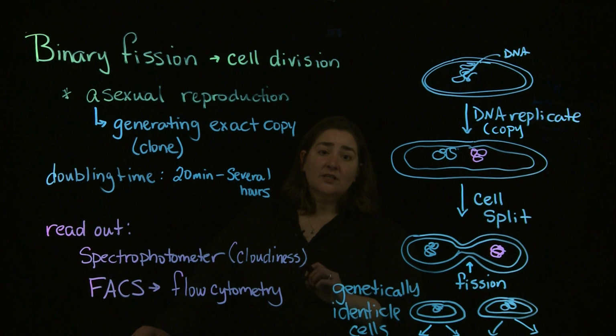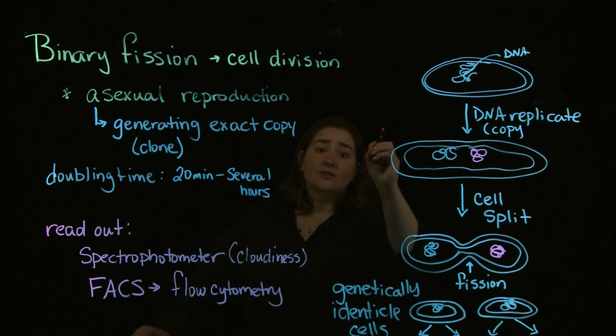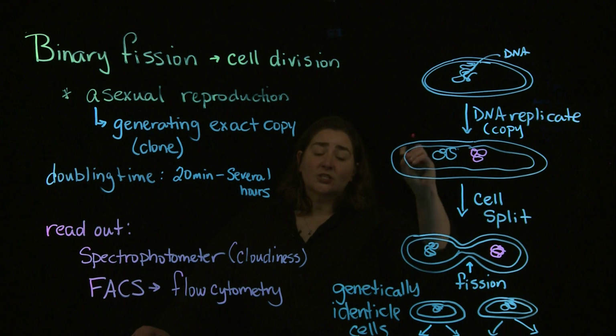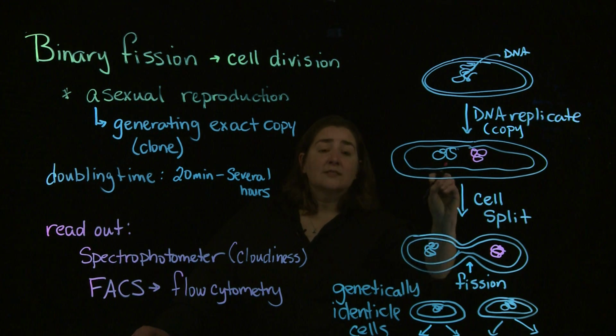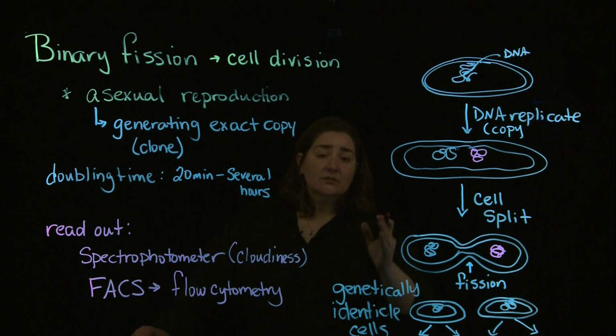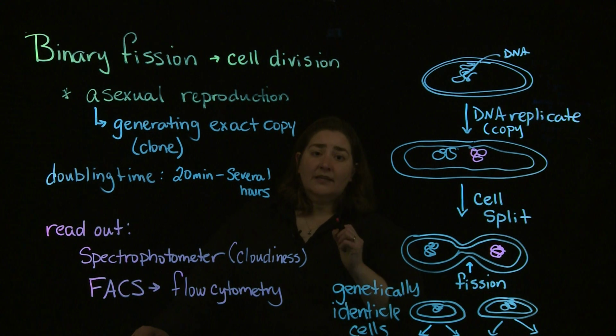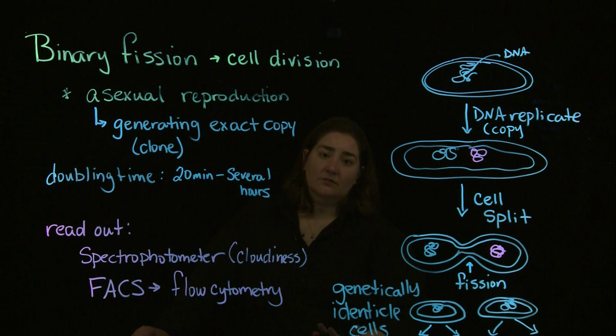Essentially it's a laser, and it reads the diffraction that happens when something passes through that laser. That individual cell passes through the laser, disrupts the laser beam. That ticks off the counter, and the FACS sorter counts the number of cells that you've got in a given sample. So this one's really accurate for determining the number of cells.